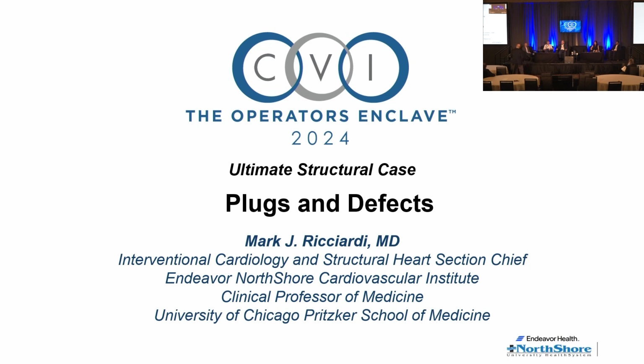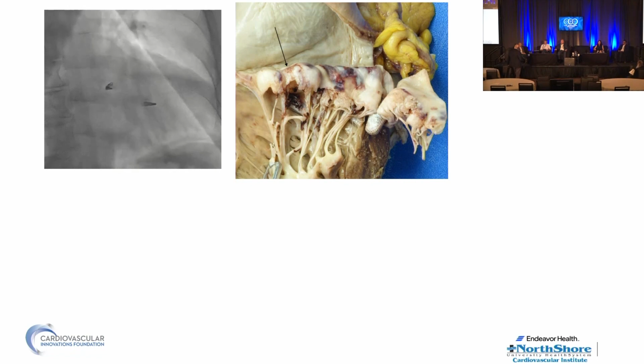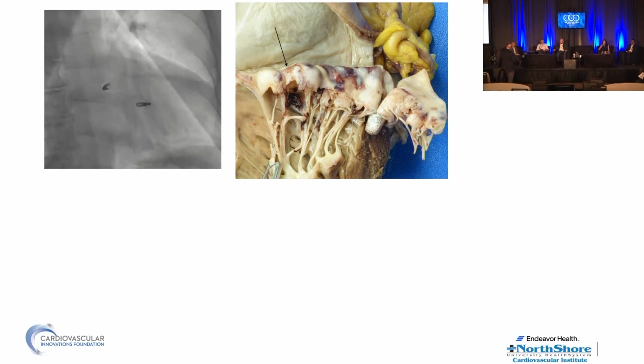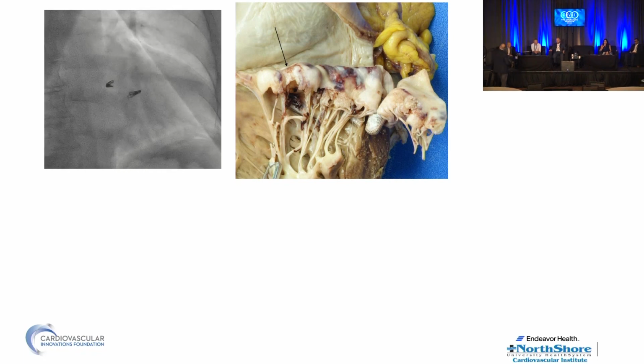So that's me, plugs and defects. My first thought when you told me to do this was this case. On the left here, there's a couple clips. This was a mitral clip case. In the middle, you can see there's a clip on the right side, in place on the mitral valve, that's splayed over.